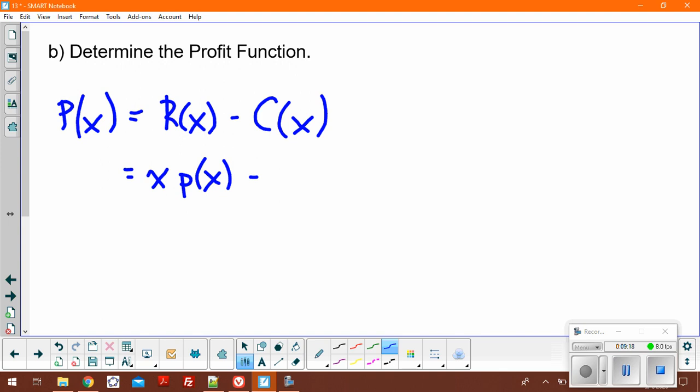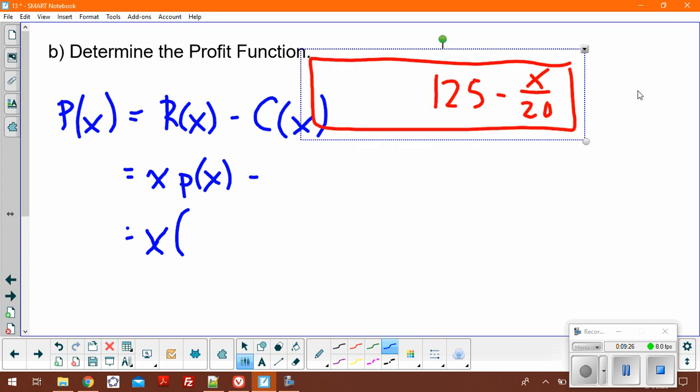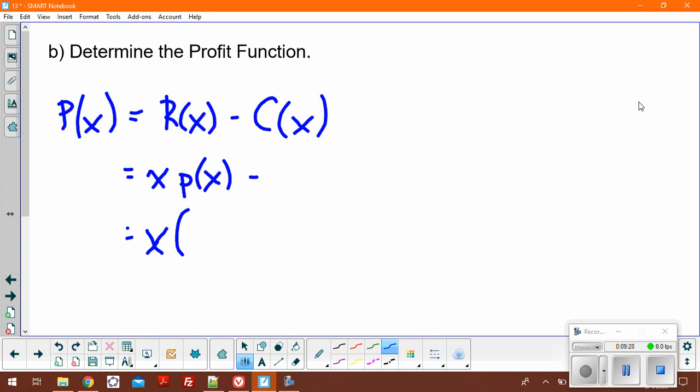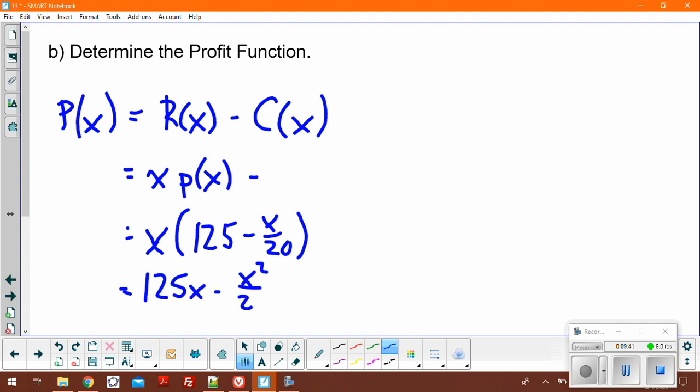I'll leave cost alone for a second. So we have x times the demand function we just created: 125 minus x over 20. So that means it's 125x minus x squared over 20.